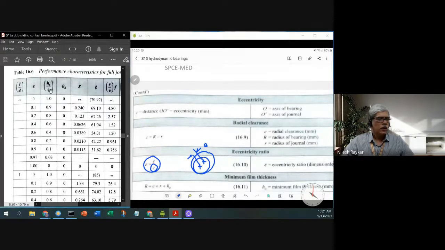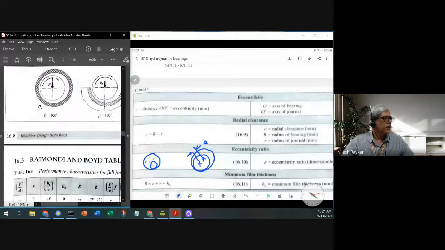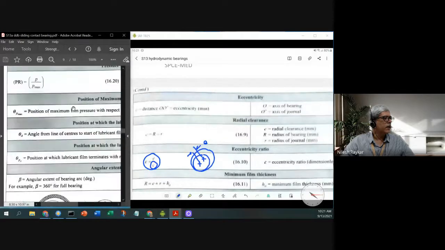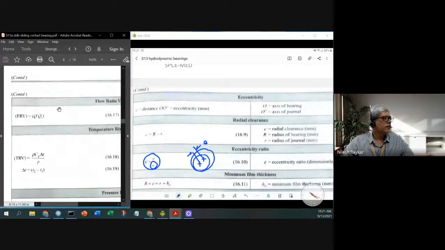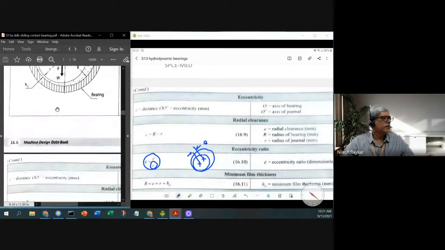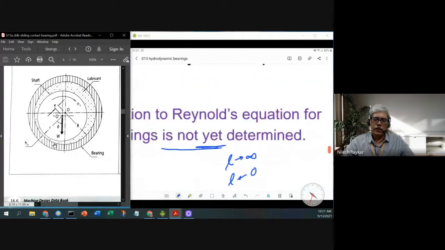The second parameter is H naught by C. The H naught is the minimum film thickness. Let me see the figures so that it can be better explained. First we'll look at the geometry parameters so that the discussion would be easier.